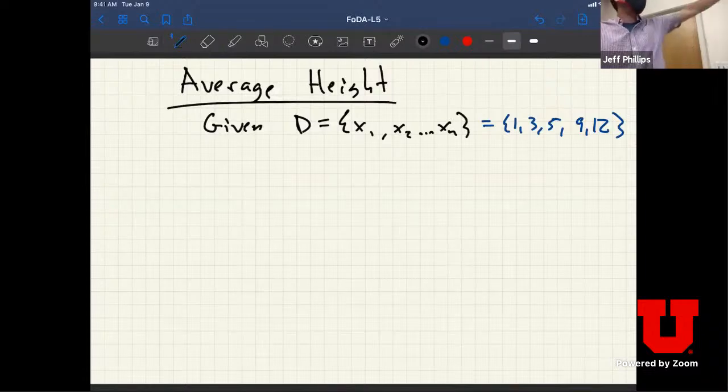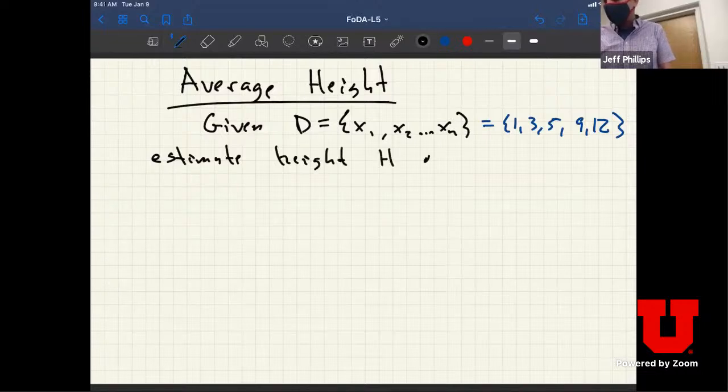So we can think of these as data that we're given, and we want to estimate the height h of a typical student.